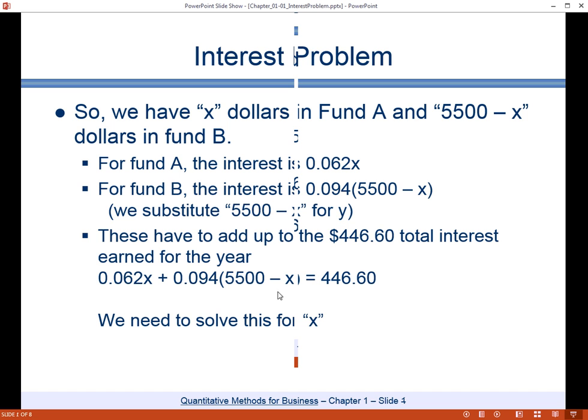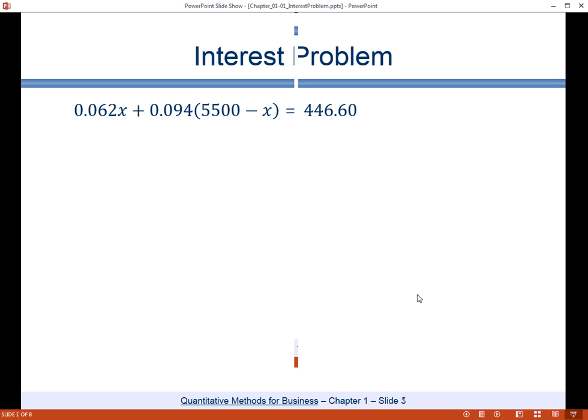It also has the fact that x plus y has to equal 5,500, and what we did was we converted that into y equals 5,500 minus x and substituted that in for y in the y part of the interest calculation. So we've got a simple equation that's got nothing but x's in it and constants, and we can solve that for x. So there's our original statement.